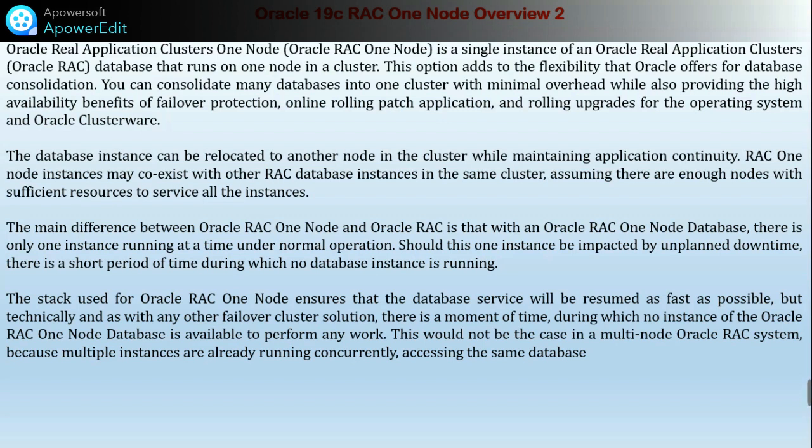What is the difference? We discussed and demonstrated it earlier, the main difference between Oracle RAC One Node and Oracle RAC. It is the same thing. Next we'll go to that diagram.